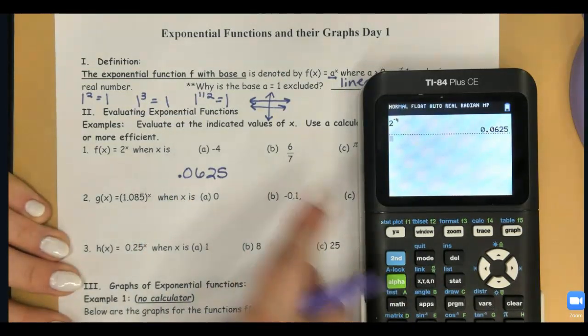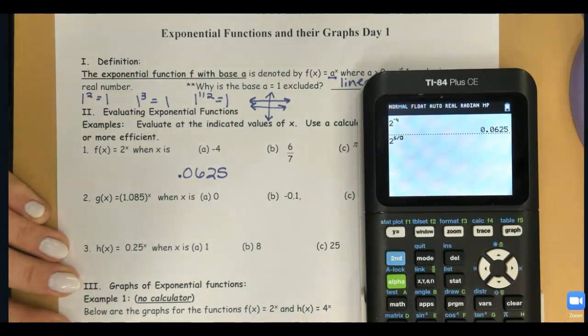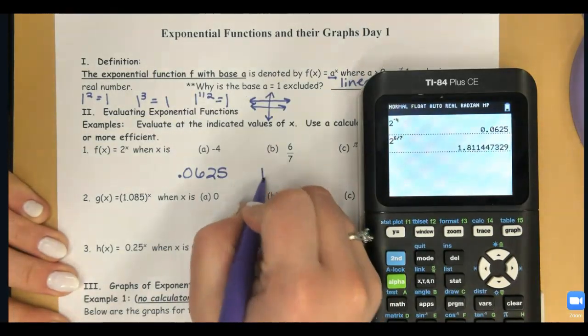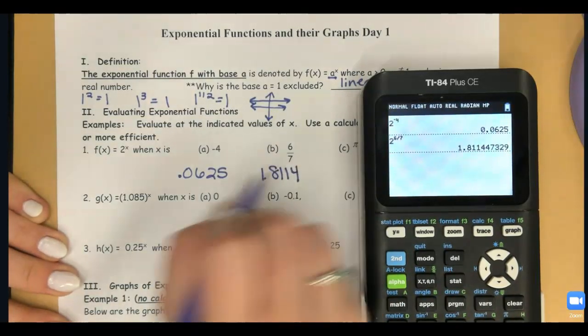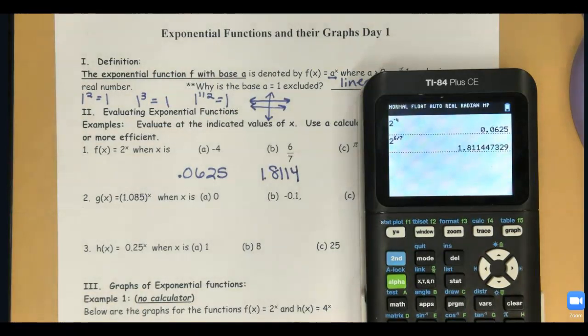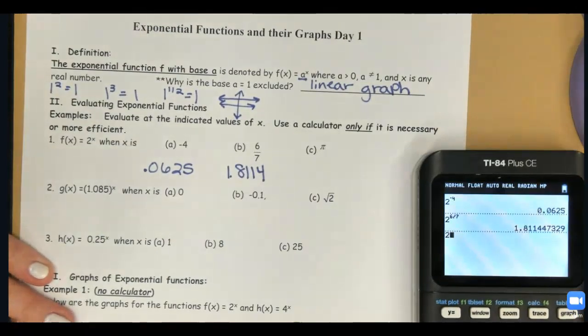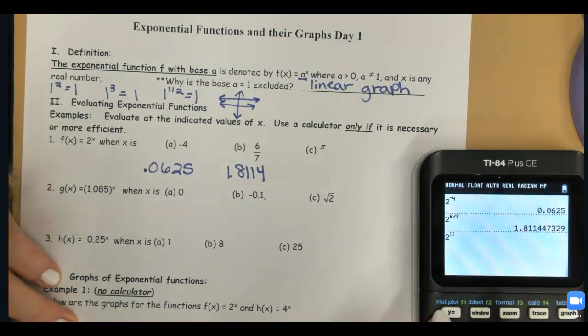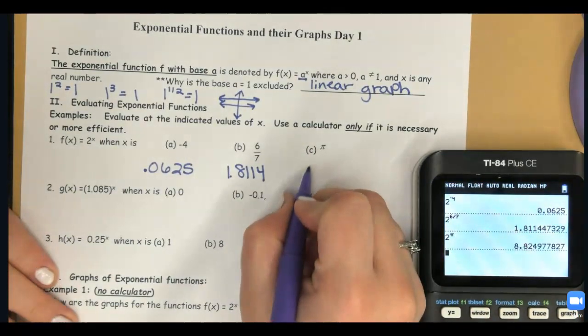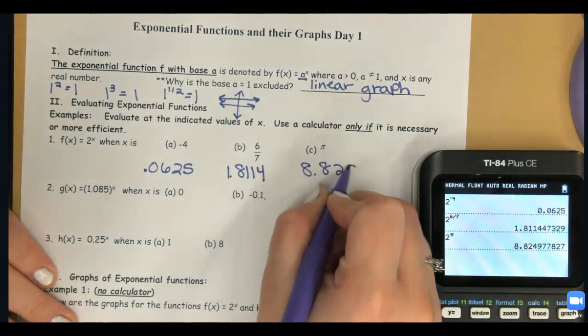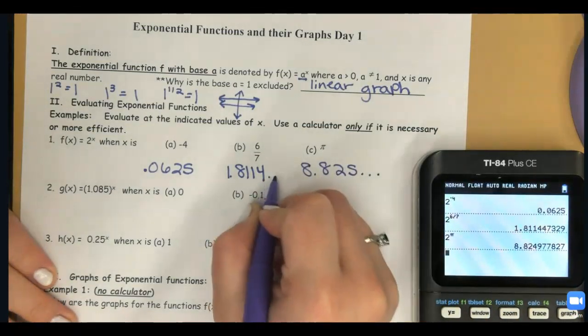Then I'm going to do 2 to the 6/7 power. And I'm just going to do a couple decimals there, 1.8114, and then 2 to the pi. Where's my pi button? I always lose it. There it is. That is 8.825 and on. So both of those go on further.